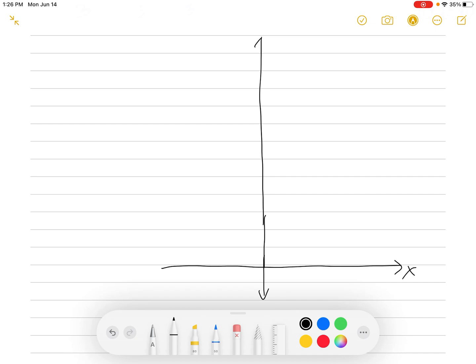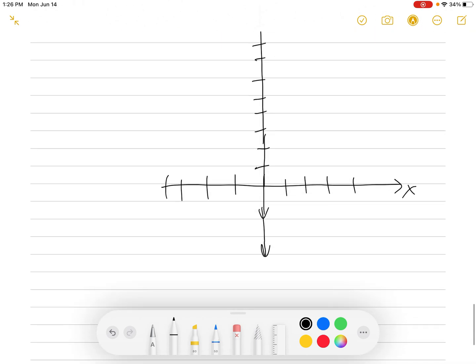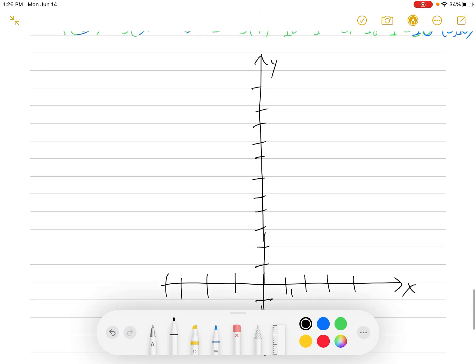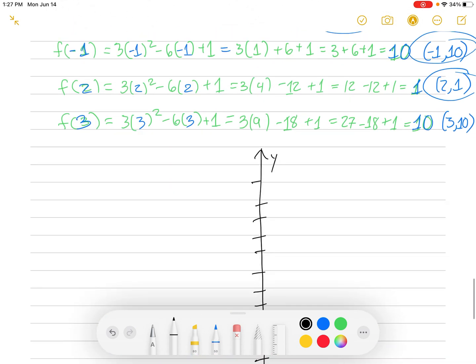So 1, and negative 2. Okay, that's down here a bit. Right, that's (1, -2). That's the vertex.